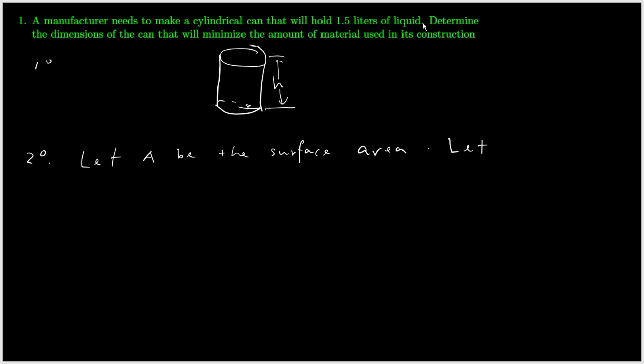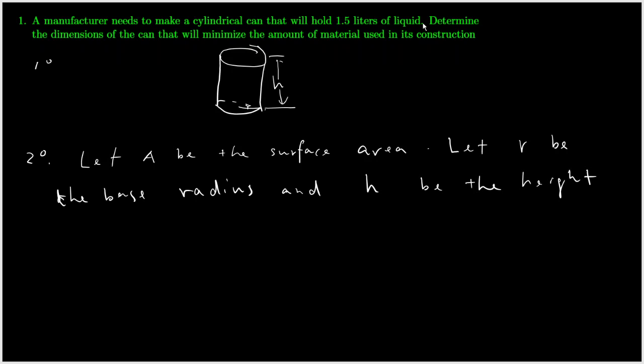So we're going to let r be the base radius, and we're going to let h be the height. Everything is relevant to the cylinder.